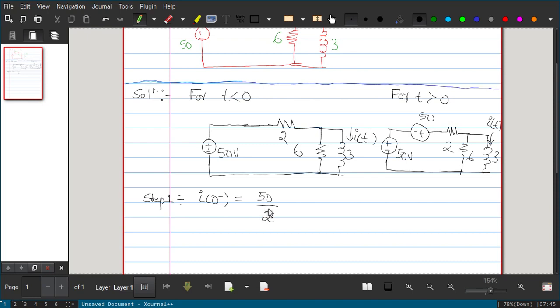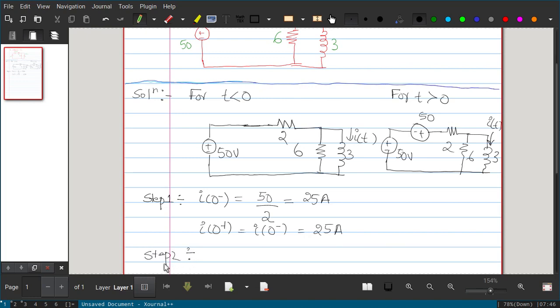So the only resistance you have is 2. So 50 by 2 is 25 ampere. And i(0 plus) is nothing but i(0 minus), which is 25 ampere. Okay, that is step 1.